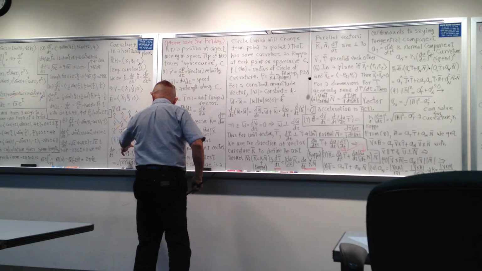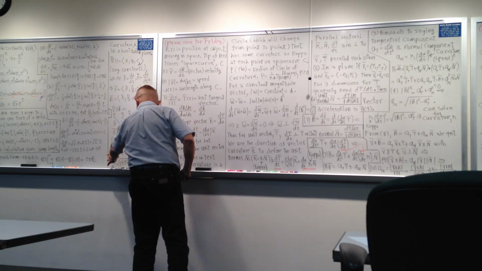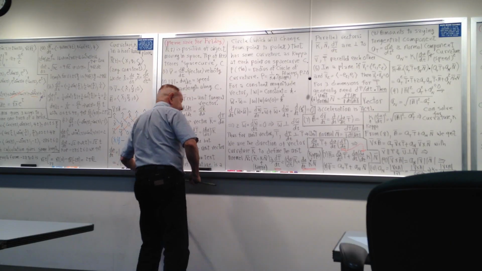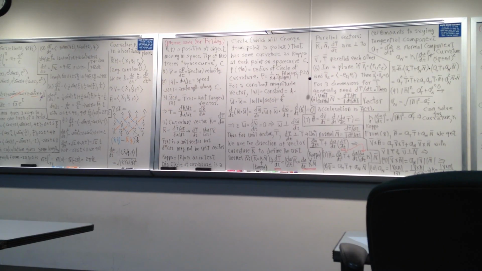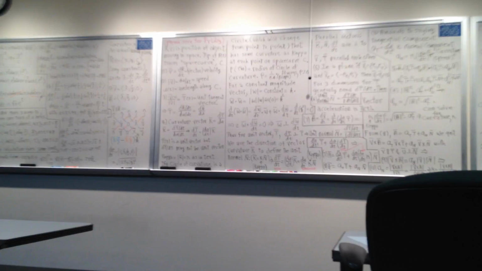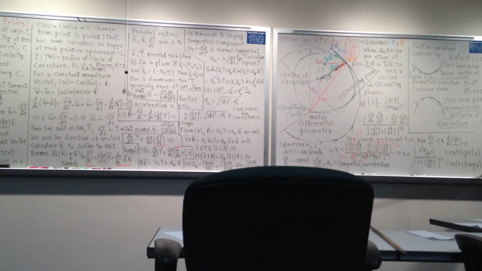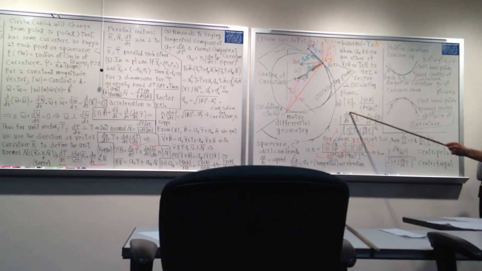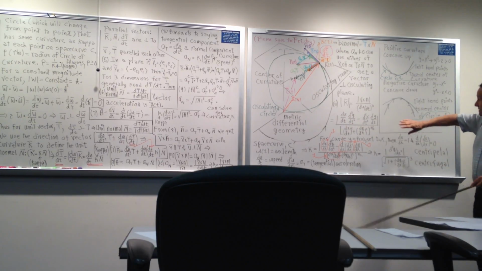So having your v cross a like this and your ds/dt like that, we can come back to here. So our v cross a is the numerator. I went back from the dots now to the differential quotient because it's easier to see it.